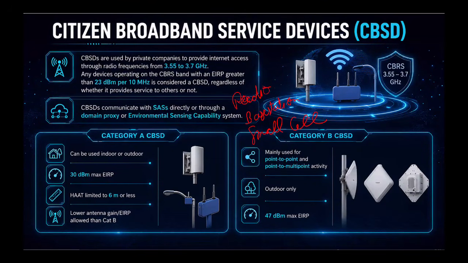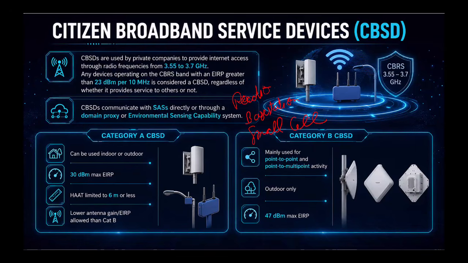Every CBSD must register with the SAS, Spectrum Access System, before it starts transmitting. The SAS assigns it a frequency and transmit power to avoid interference with other users. And it must be careful about which channel is free and which is not free. That is given by the SAS.